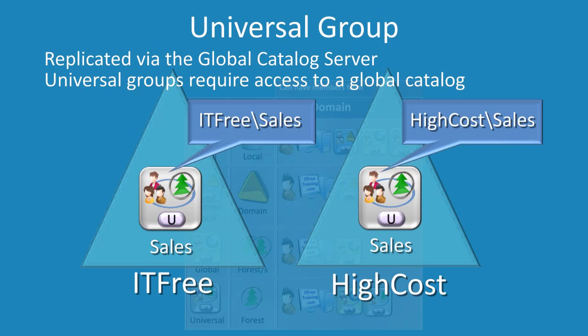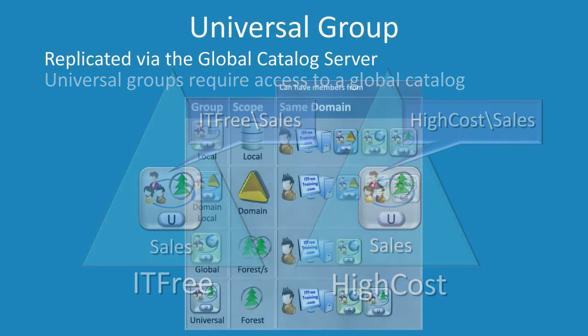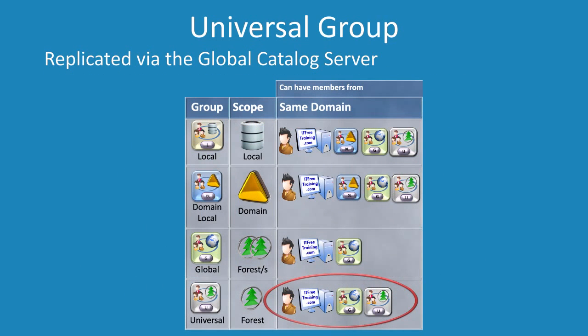Lastly, if a user is a member of a universal group, they will require a global catalog server to log in. If a global catalog server is not available on the network, they will not be able to log in. If you do decide to use universal groups, the group can contain users, computers, global groups, and other universal groups.